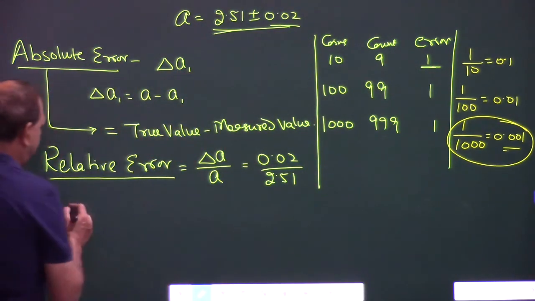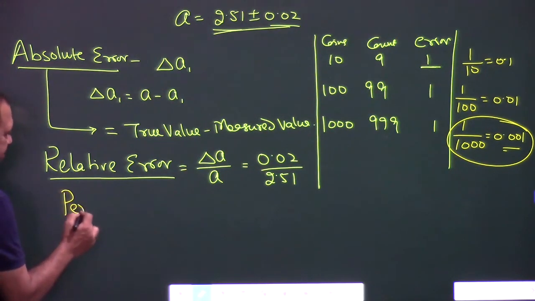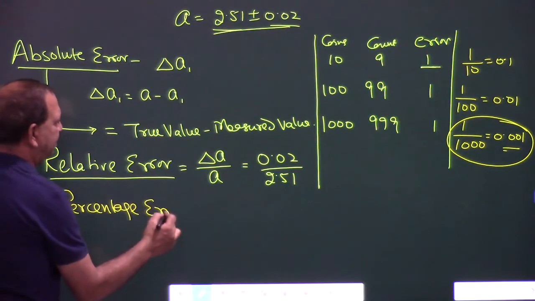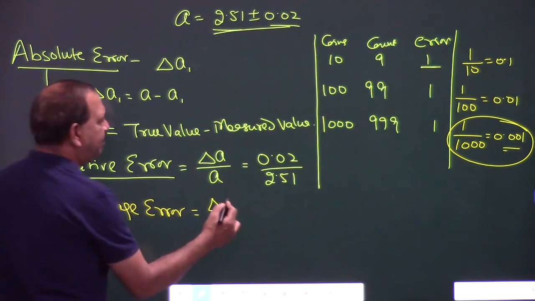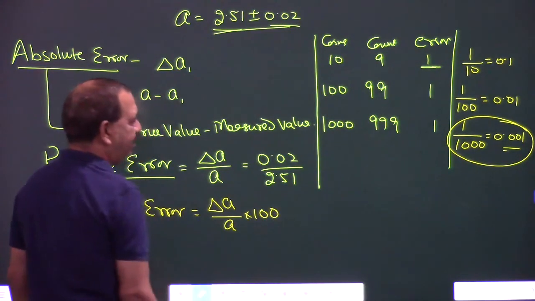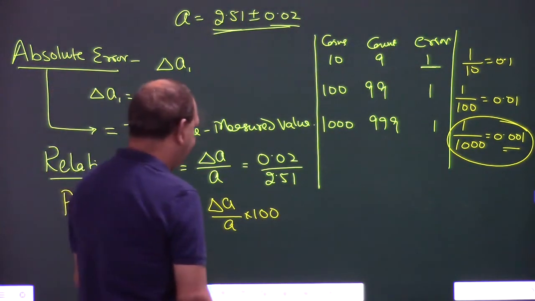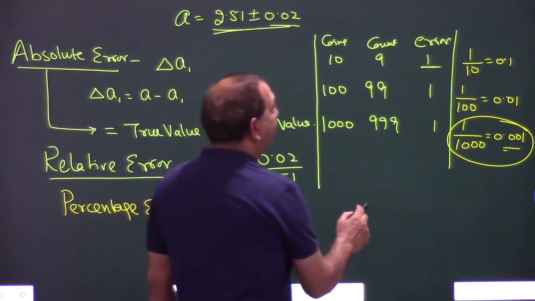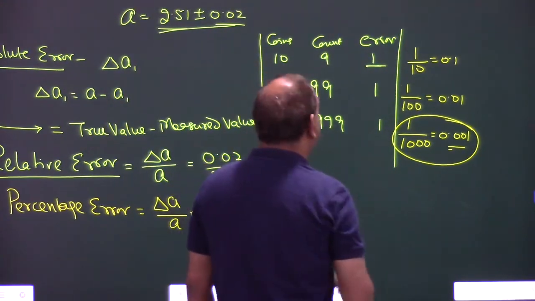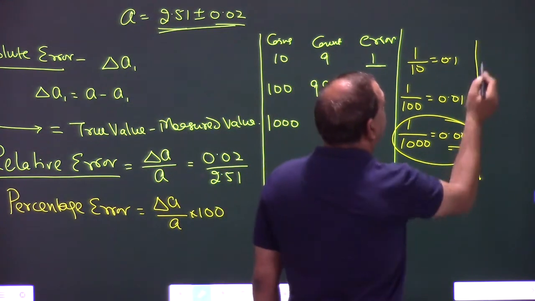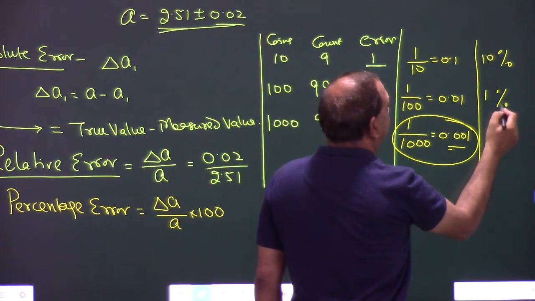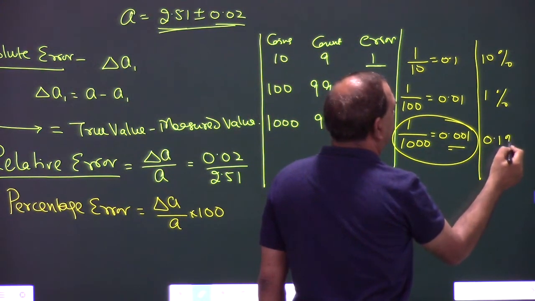Further, we have percentage error. Percentage error is nothing but the relative error multiplied by 100, and then we get the percentage error. इस केस में अगर हम percentage error calculate करें, this is 10%, this is 1%, and this is 0.1%.